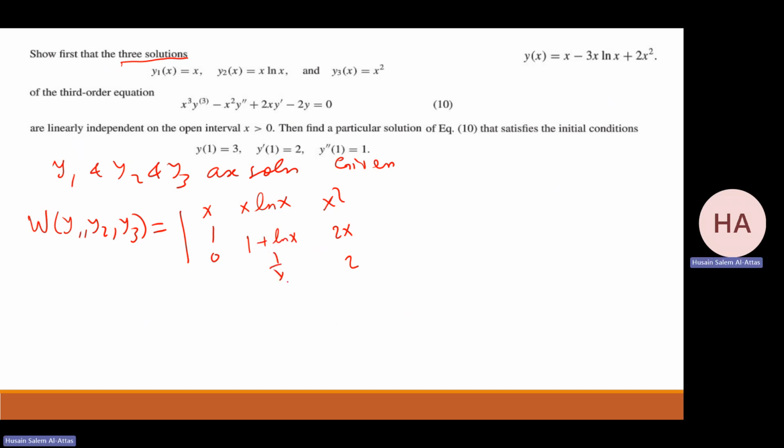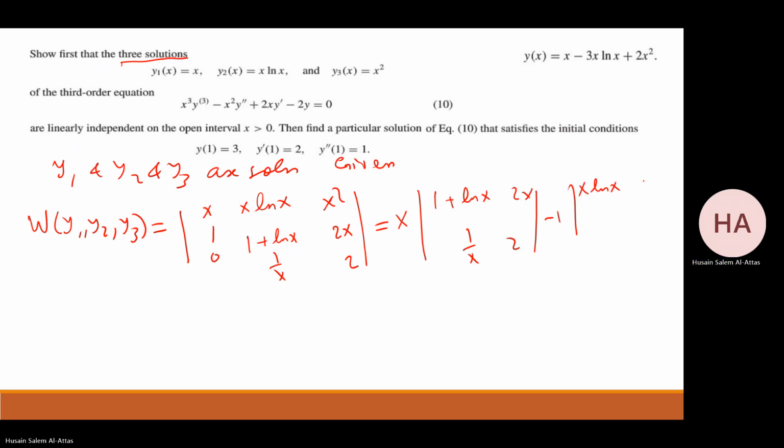Then it will be 1 over x. Then I'll do the expansion with the first row. I have x, 1 plus ln x, 2x, 1 over x, 2, minus 1. This cancelled. x ln x, x squared, 1 over x squared.